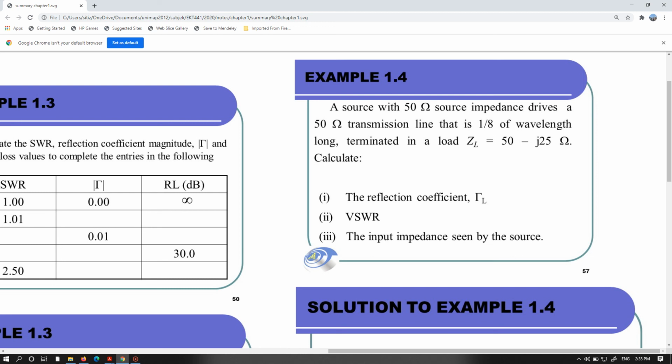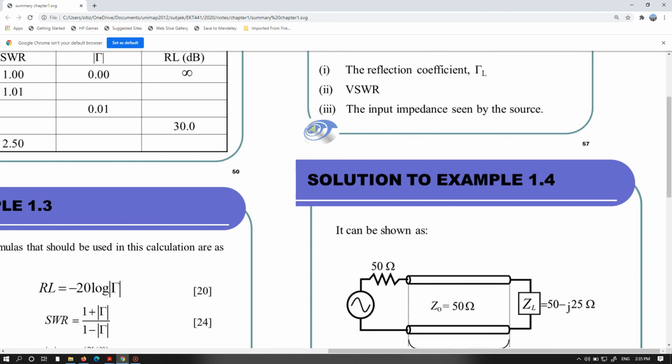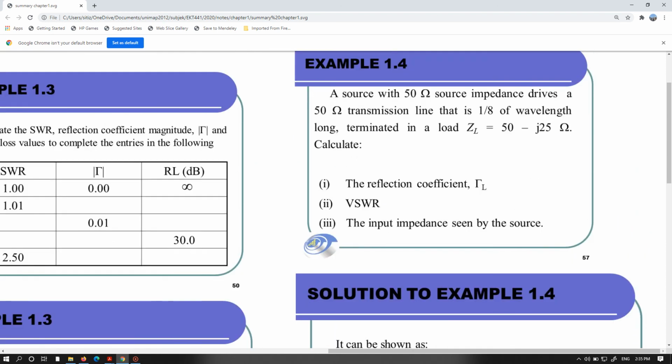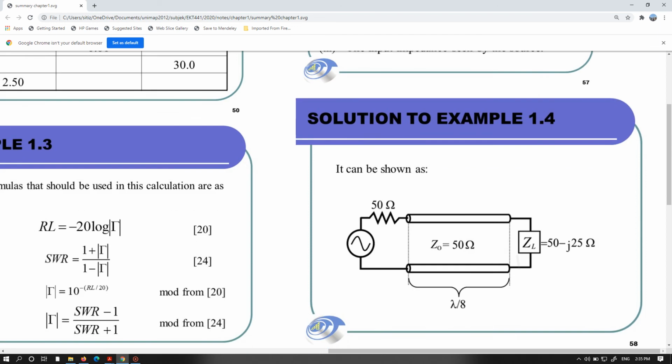You see here, reflection coefficient gamma has a subscript L, meaning that you want to calculate the reflection coefficient at the load. Okay. Second, VSWR. Third, Zin seen by the source. Okay. So first of all, just convert these sentences into graphical representations.